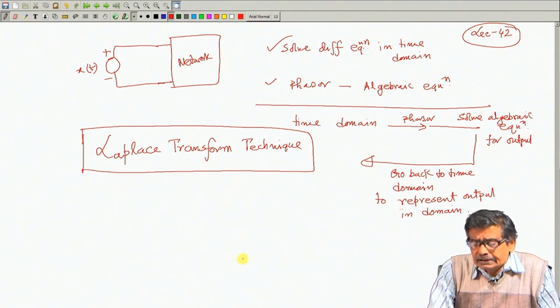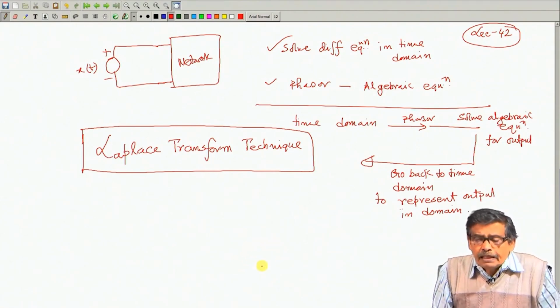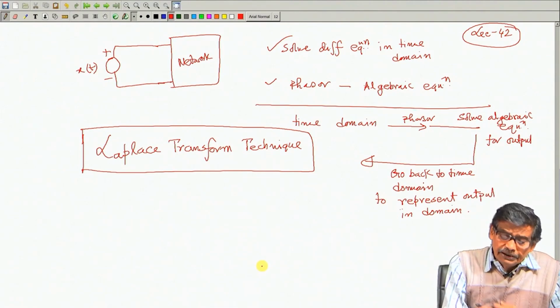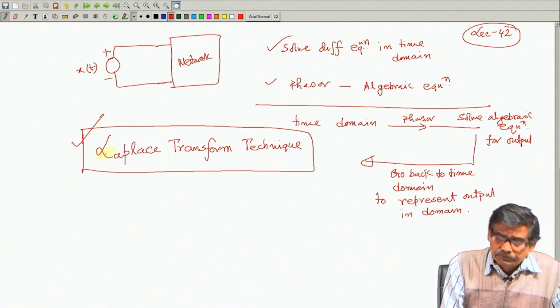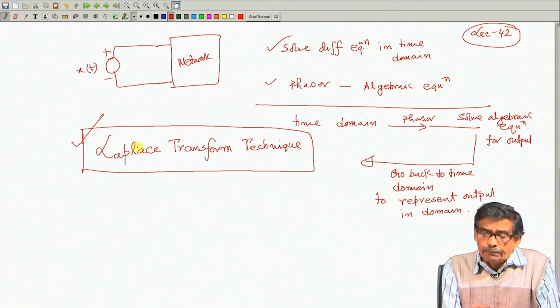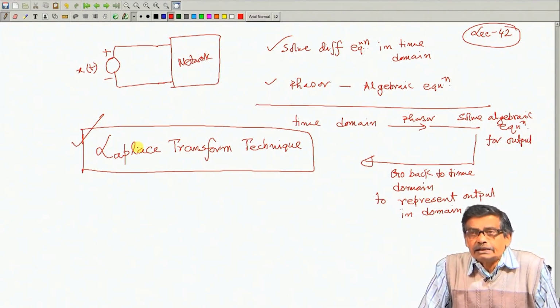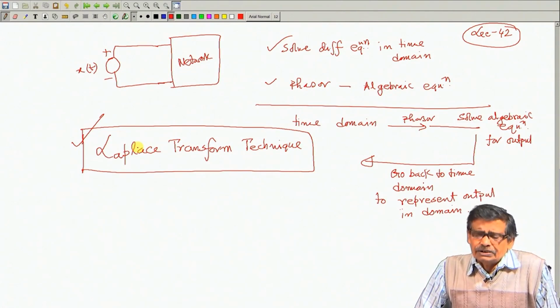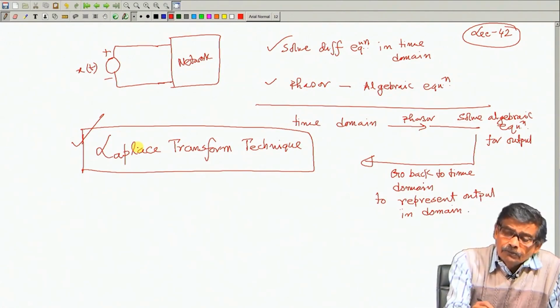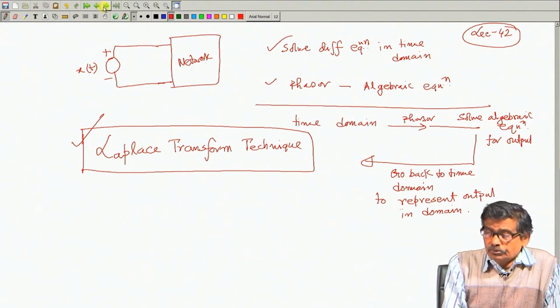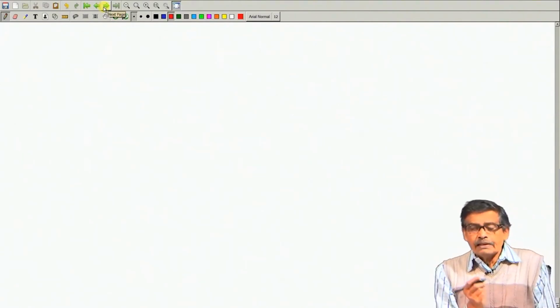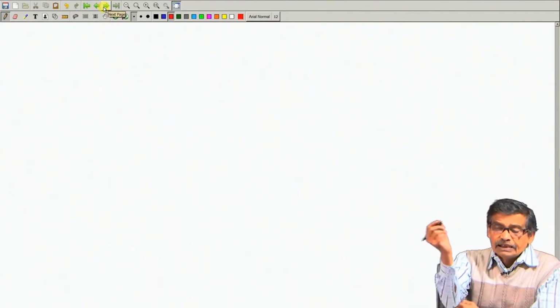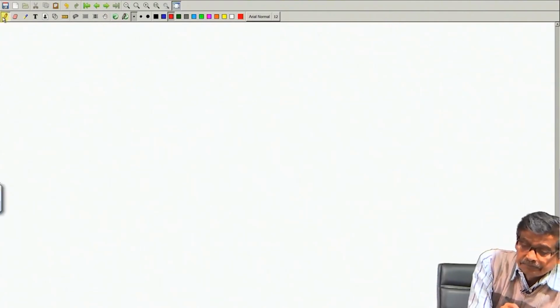Therefore, we plan to tell you how to apply this Laplace transform technique to solve circuit problems, or in other words to solve differential equations. That is the whole idea. Before we go to the Laplace transform, I will tell you something about signals.